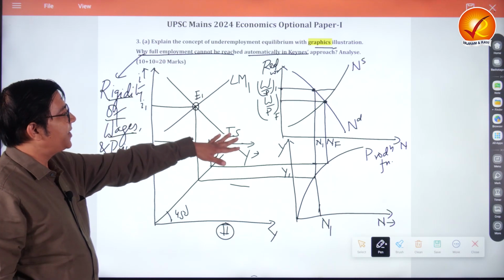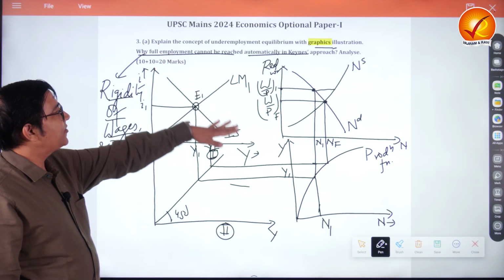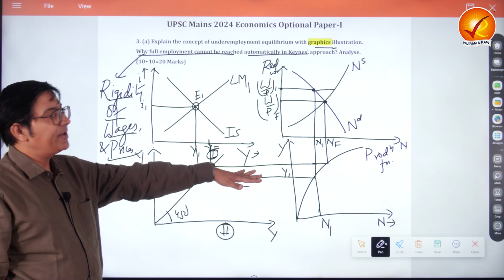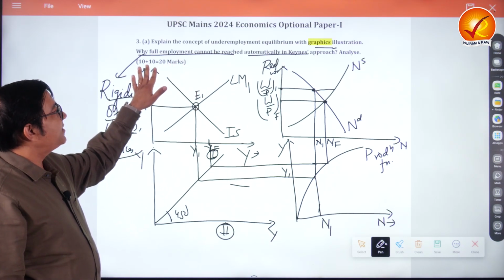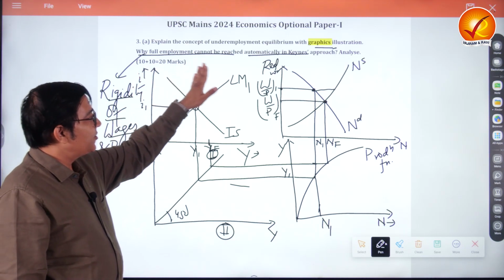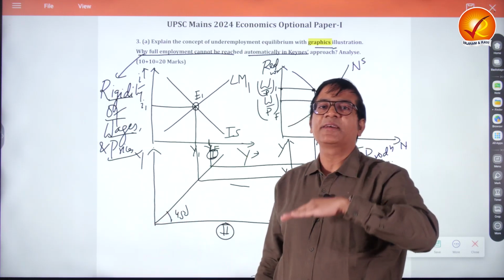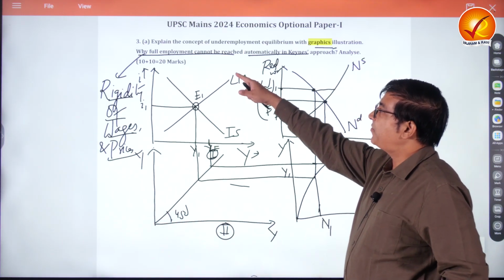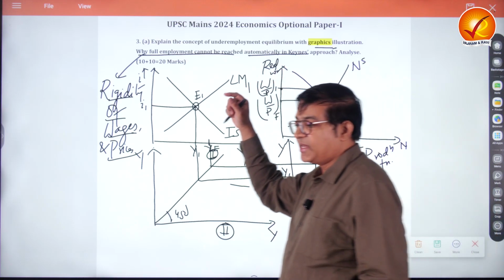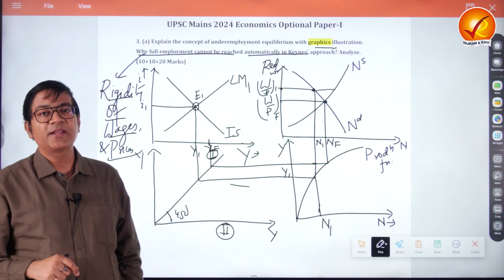So the first part was mainly why there is underemployment through the graph, and then you can explain why full employment can't be reached. Since the second part is also 10 marks worth, although they are not asking, ideally you should write Keynes versus classicals. When they ask why full employment cannot be reached automatically, you can briefly write why in classicals it is reached automatically.